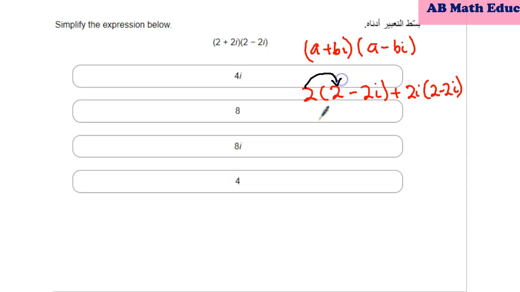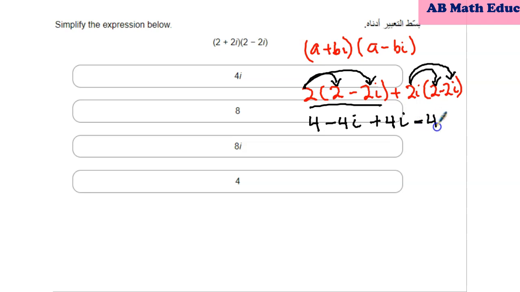So 2 times 2 gives us 4. 2 times negative 2i will give us negative 4i. We are done with this. Here, 2i times 2 is going to give us 4i. And then 2i times negative 2i is going to give us negative 4i squared.